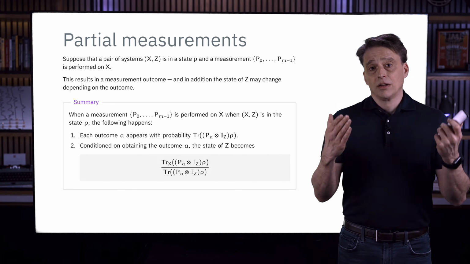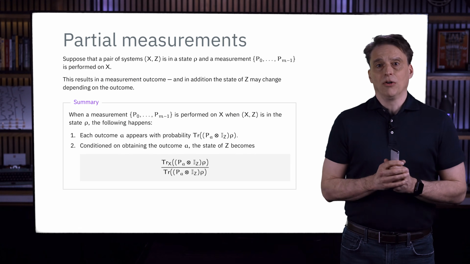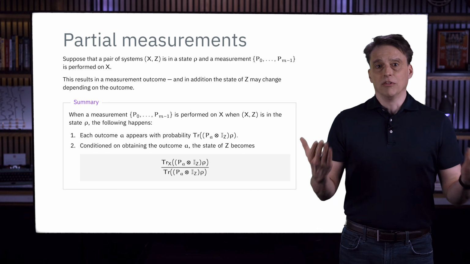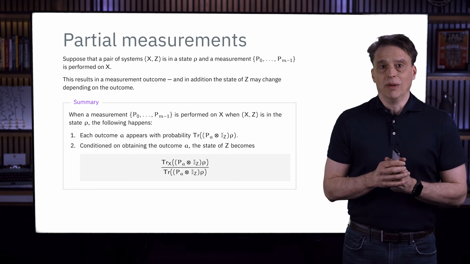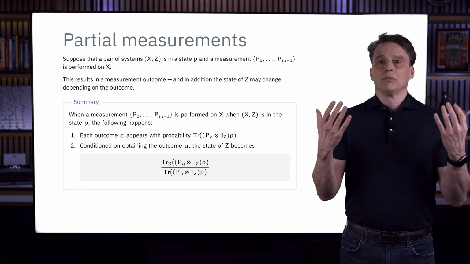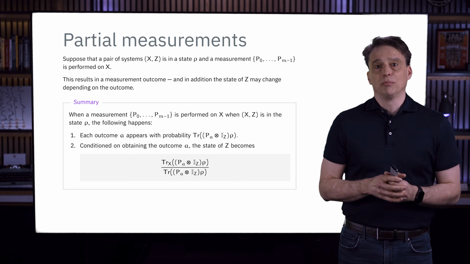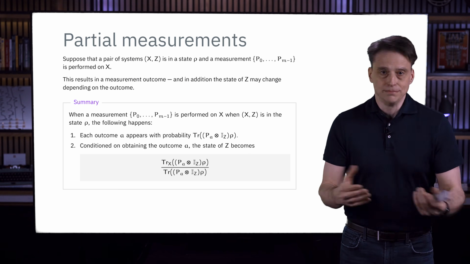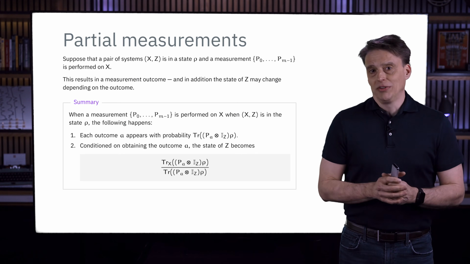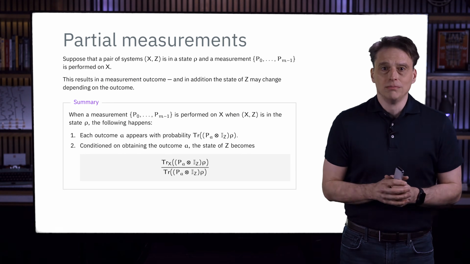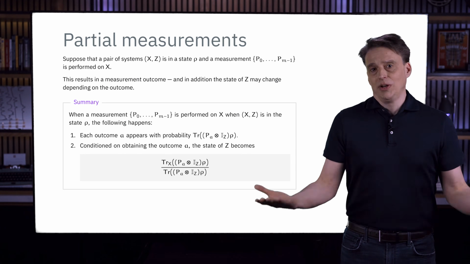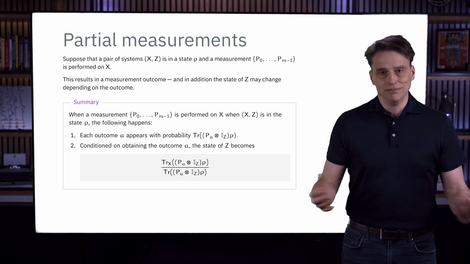And second, conditioned on obtaining a particular measurement outcome A, the state of Z is given by the expression shown on the screen, which is what we get by normalizing the matrix we just saw a moment ago, and that's the same thing as dividing the matrix by the probability for A to appear. I should mention that this only makes sense if the probability is non-zero, because otherwise we're dividing by zero, but that's okay because we don't need to concern ourselves with things that don't happen.